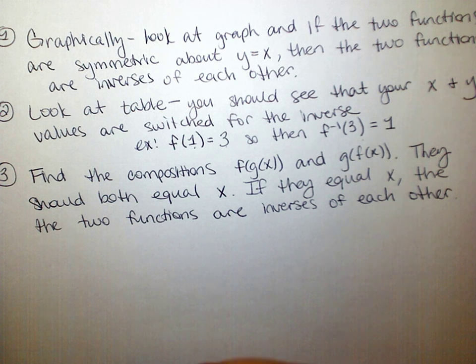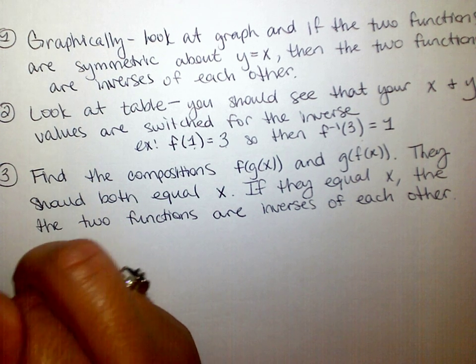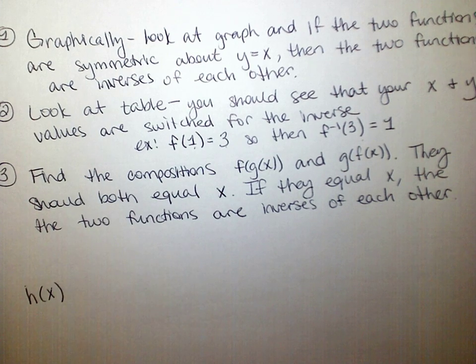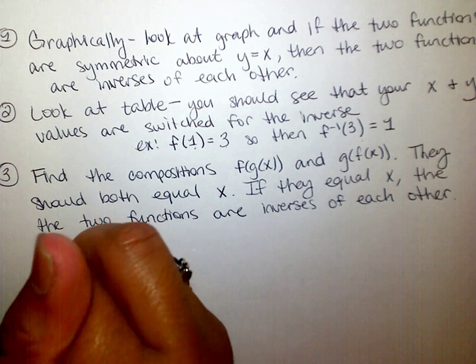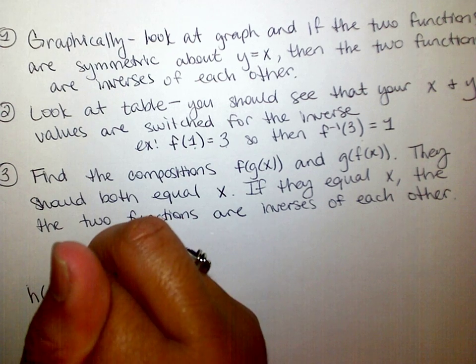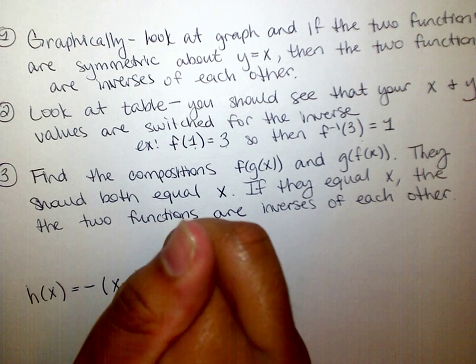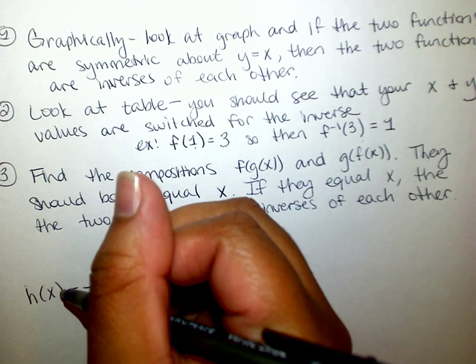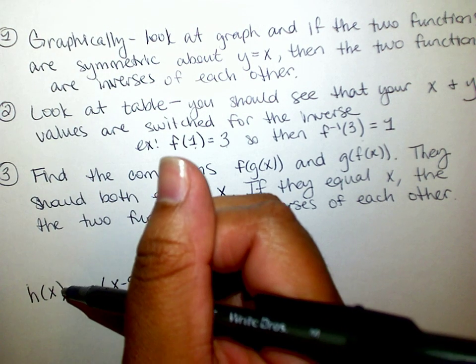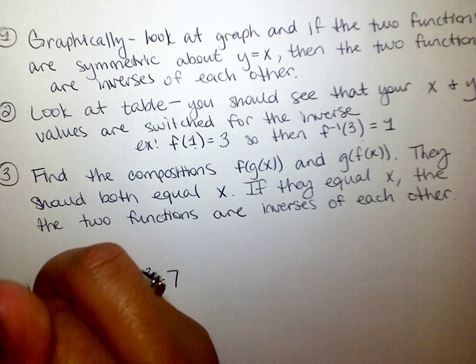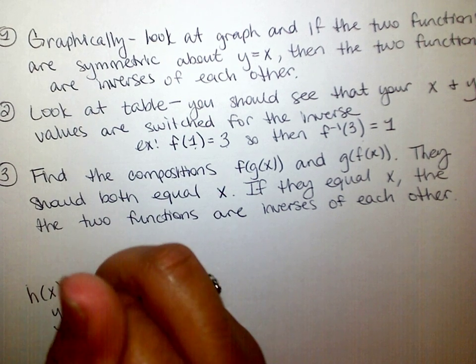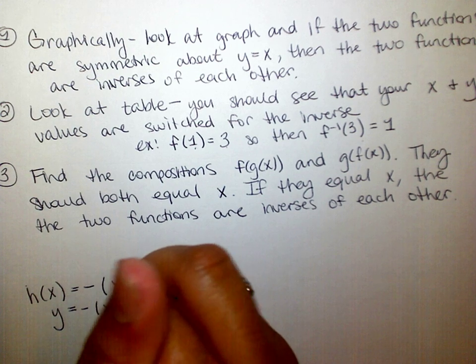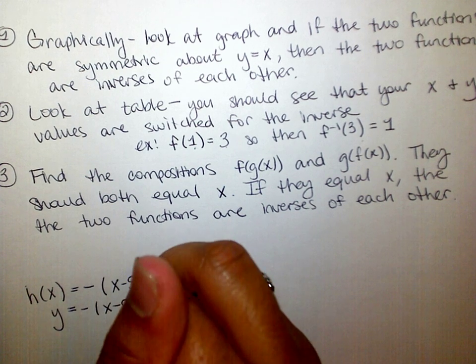We're just going to start out by writing down the problem. h of x equals negative x minus 5 quantity squared minus 7. Now we're going to start finding the inverse. The first step is always to change h of x to y.